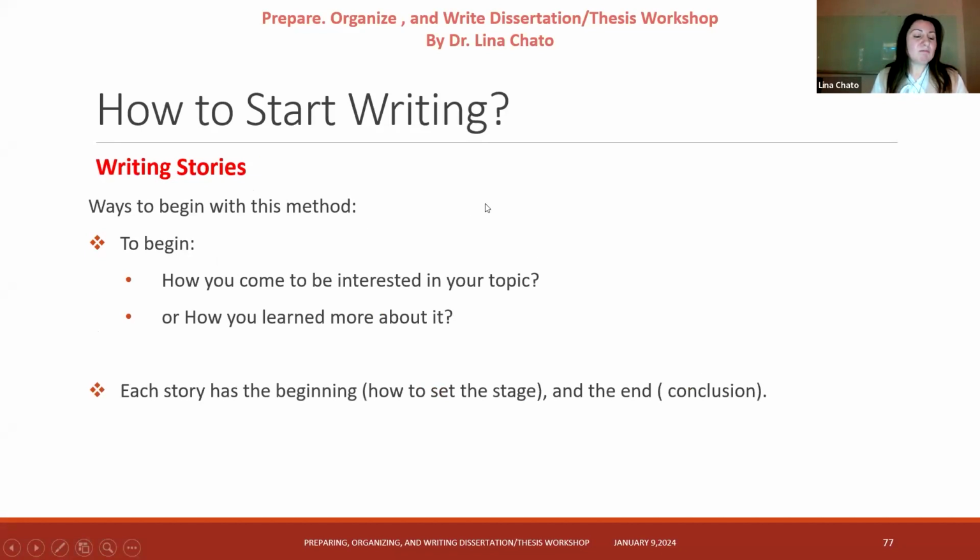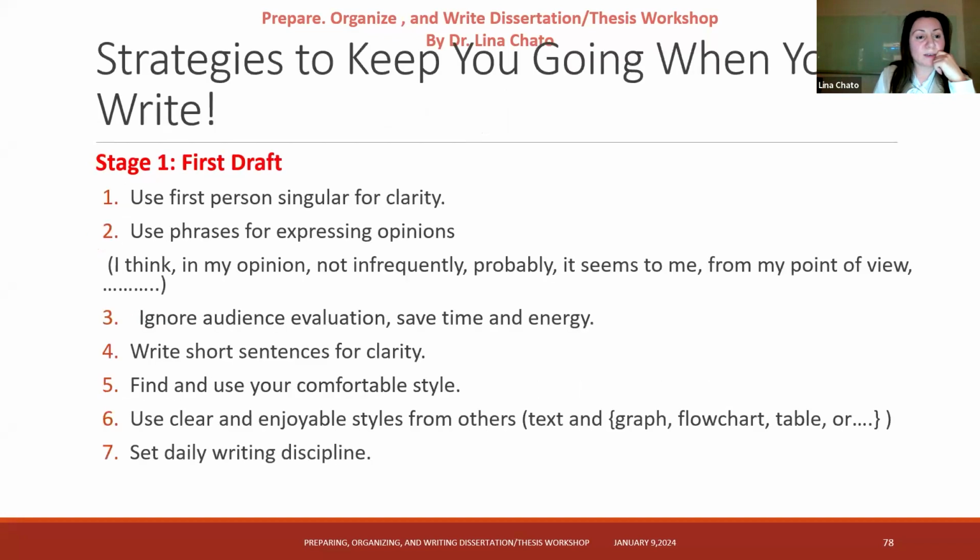Here you need to begin with how you became interested in your topic or how you learned more about it. And remember, each story has a beginning and a conclusion, right? So this is the path that you will follow. You will start with the beginning, then end with the conclusion. So these are the 5 methods that help us start writing.